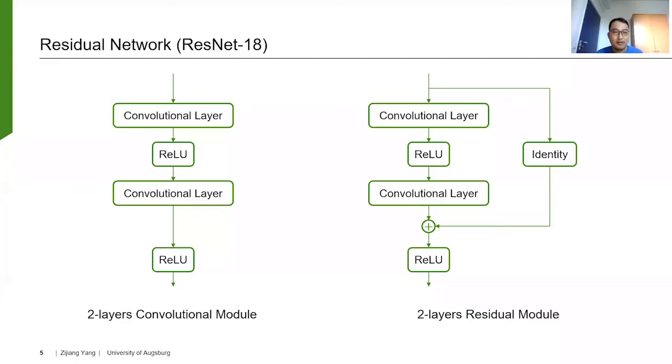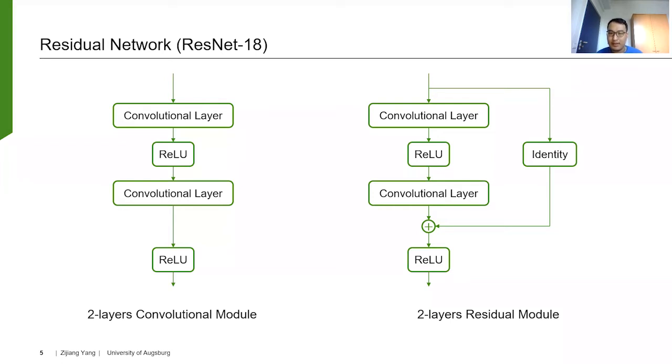First, I'll introduce the residual network. The left figure is the architecture of a 2-layer convolutional module, which includes 2 convolutional layers with ReLU activation functions. The right figure is the architecture of a 2-layer residual module.